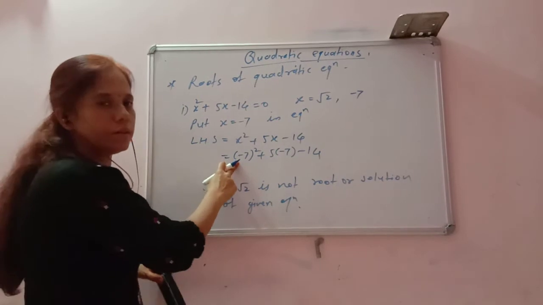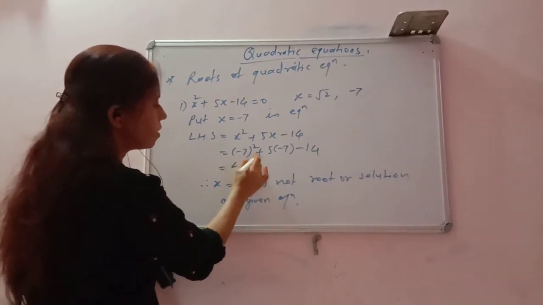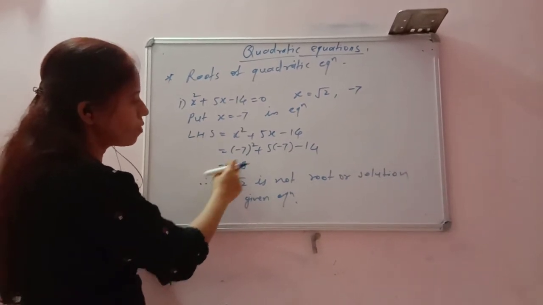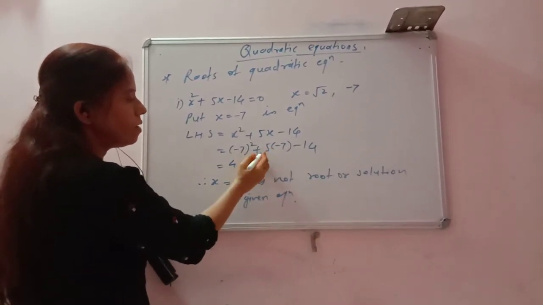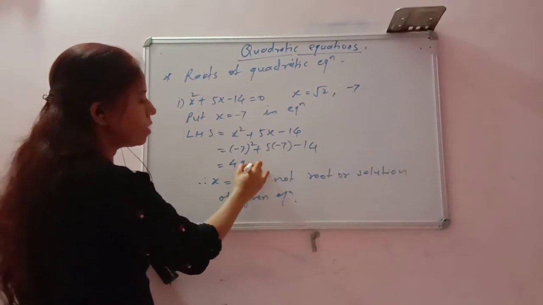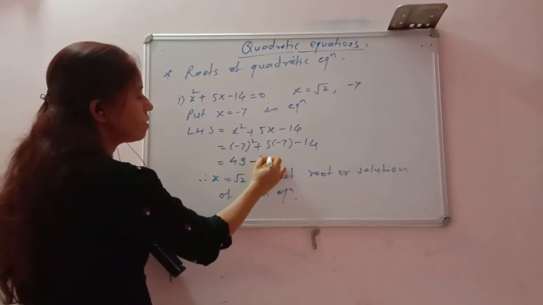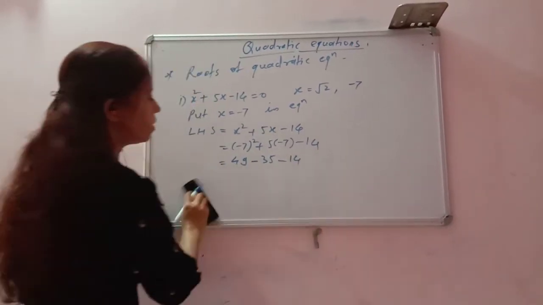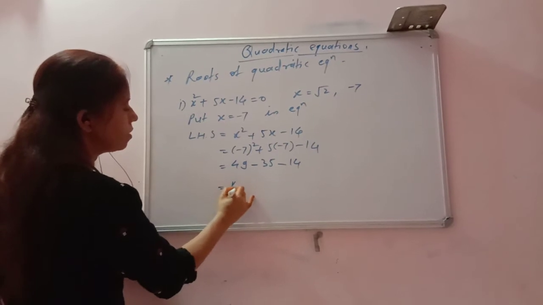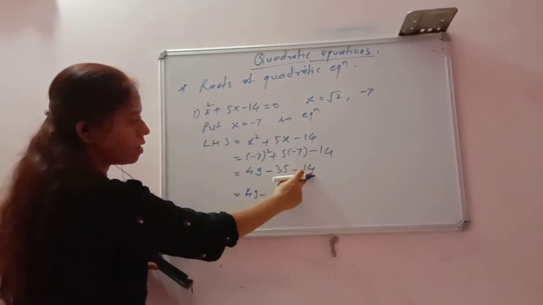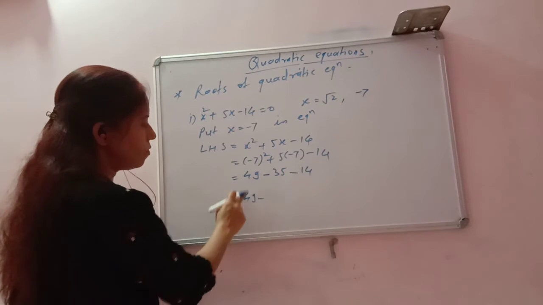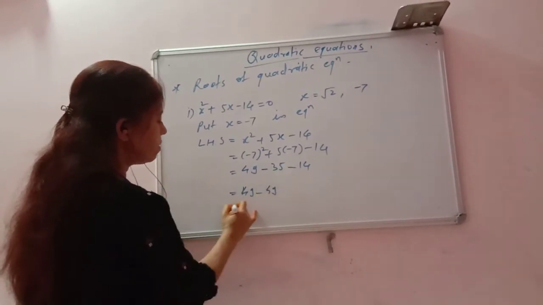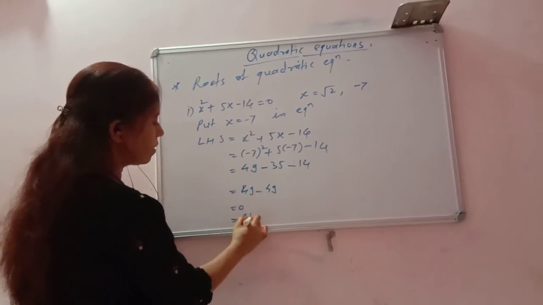The square of negative 7 is 49, because the square of a negative number is always positive. 5 multiplied by negative 7, one number is positive, another is negative, their product will be negative, that is negative 35, then minus 14. So 49 minus 35 minus 14, and that is 0, and that is equal to RHS.